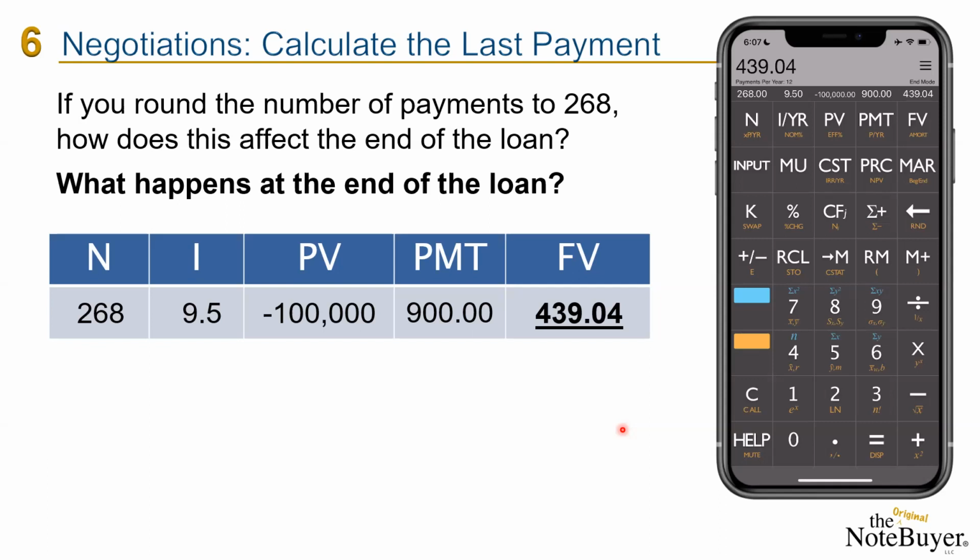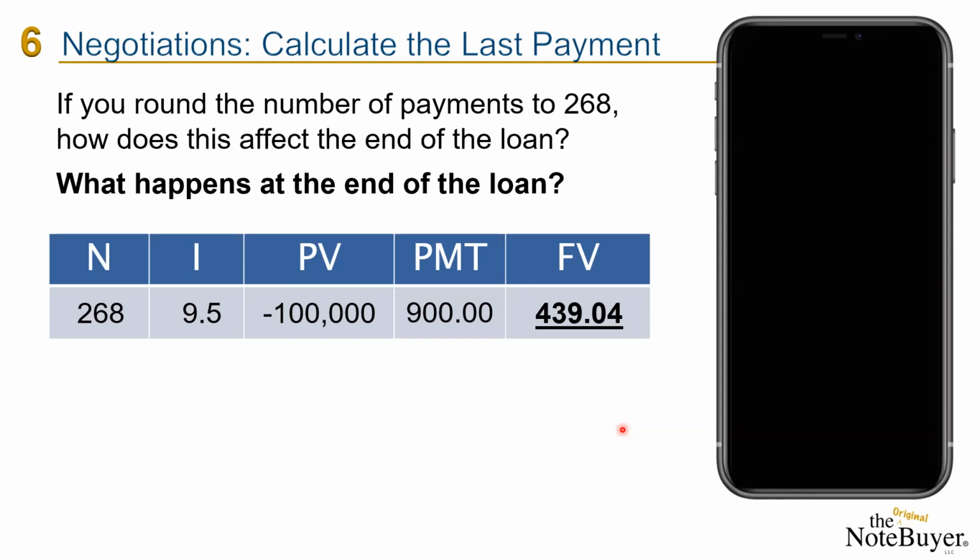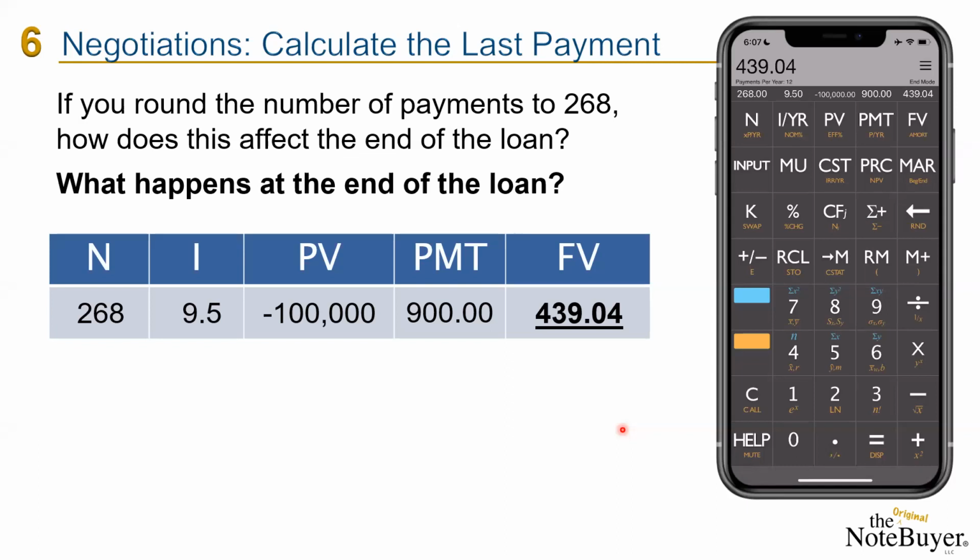So after the borrower makes 268 payments of $900, he's going to have a small balance left that will need to be added on to that last payment. Okay. Technically, that is called a balloon. A balloon is an amount that's left at the end of the loan.